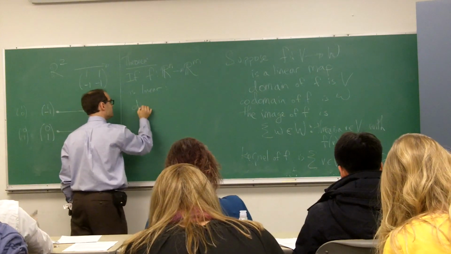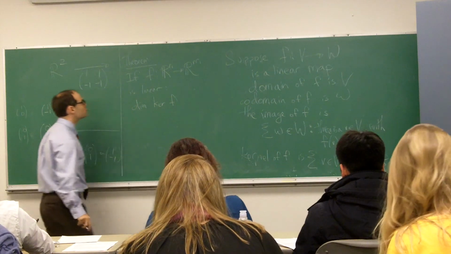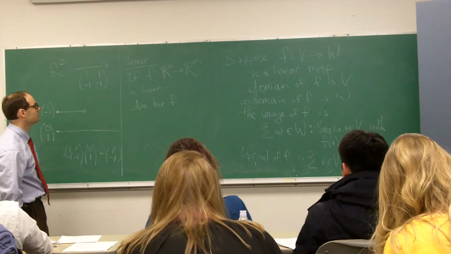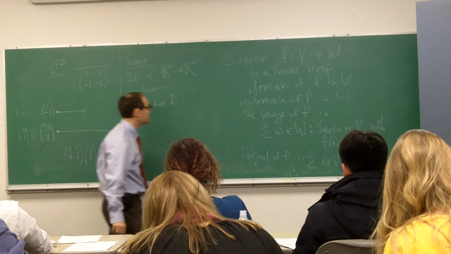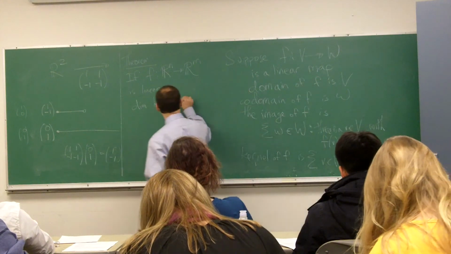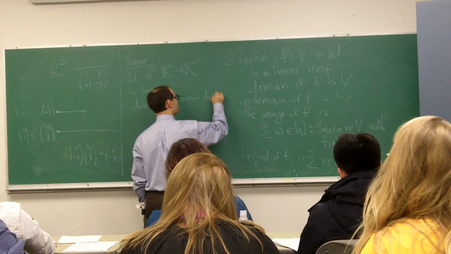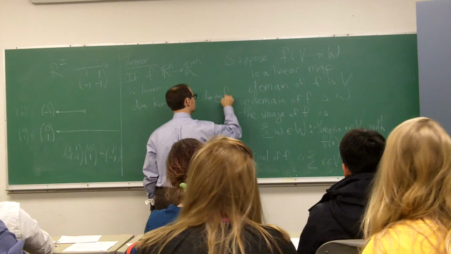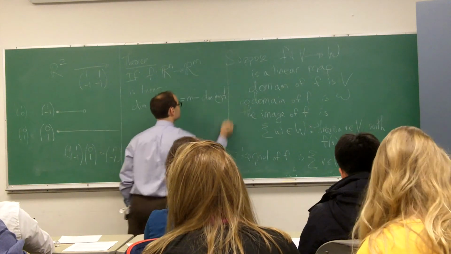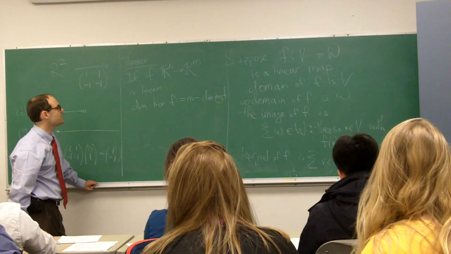The dimension of the kernel of f is related in some fashion to the dimension of the image. The dimension of the kernel is m minus the dimension of the image of f.